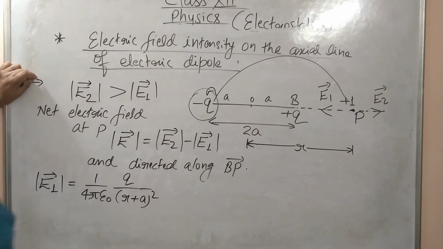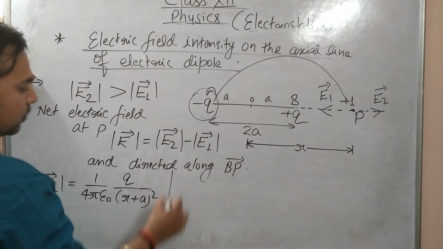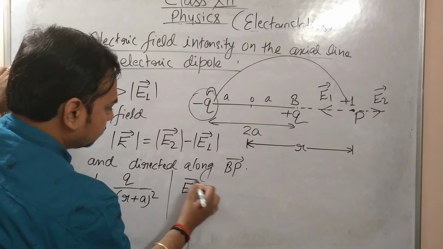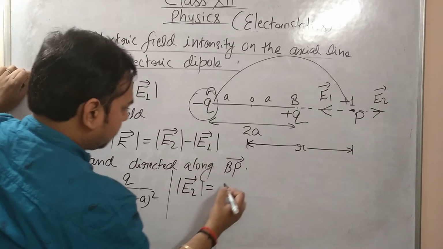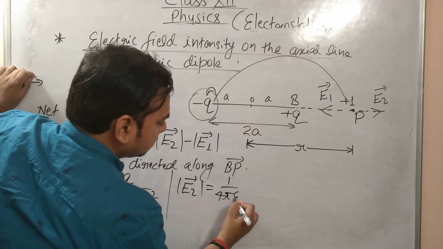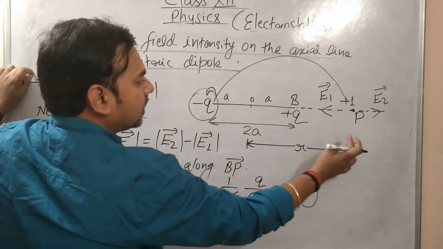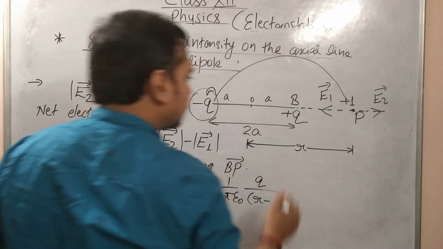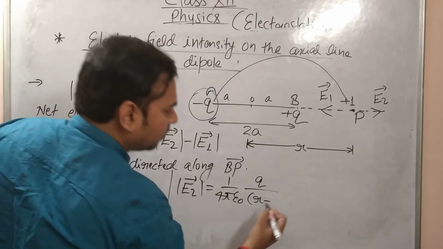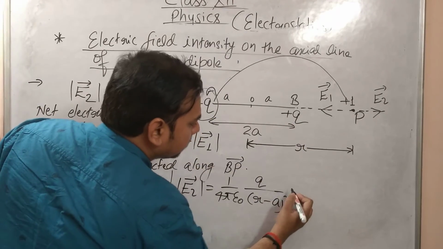And what is E2? 1 by 4 pi epsilon naught, q by R minus a whole square, since the distance of point P from plus q is R minus a.